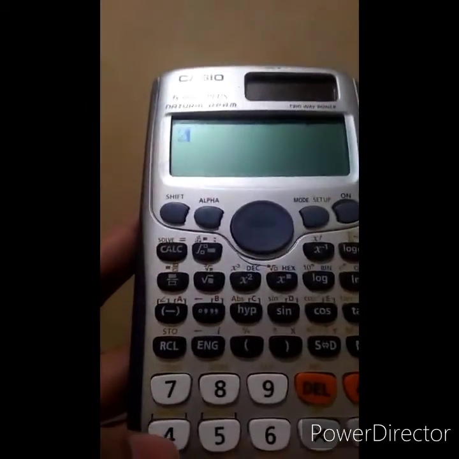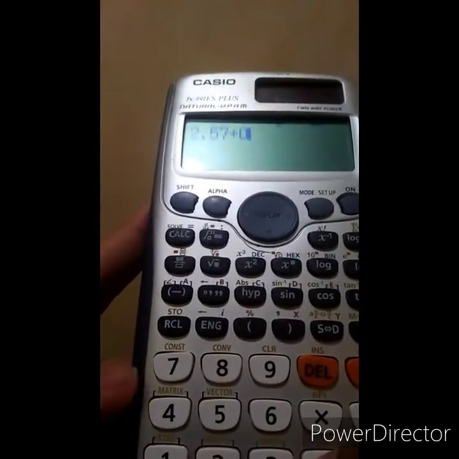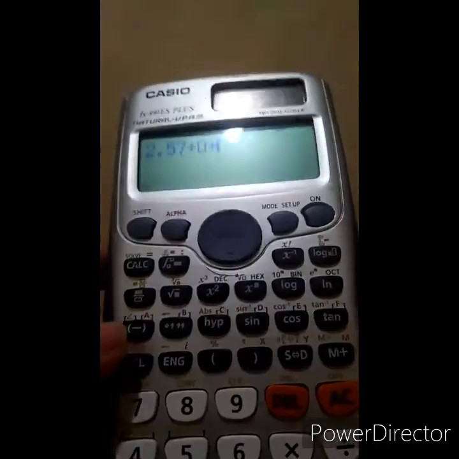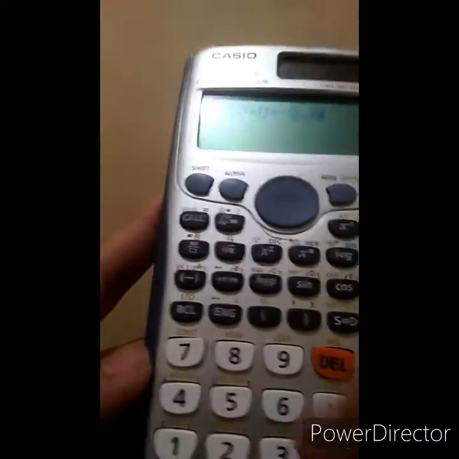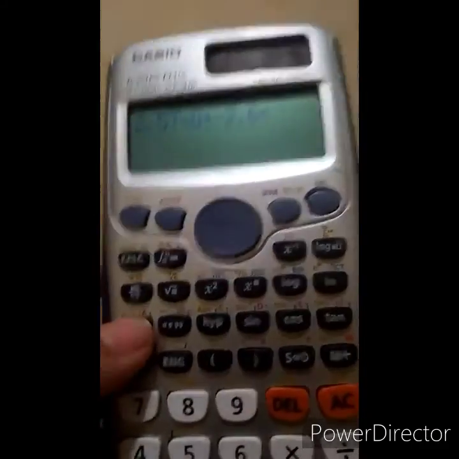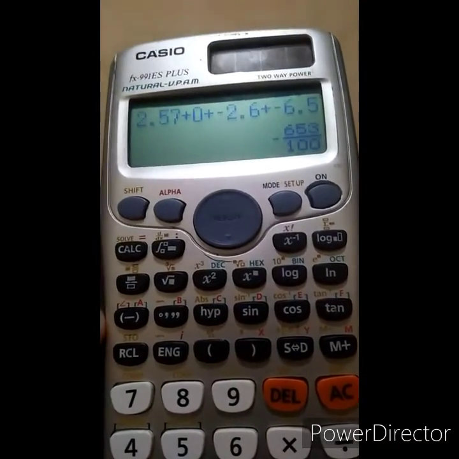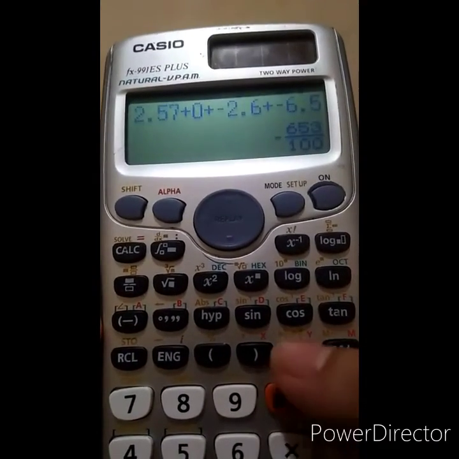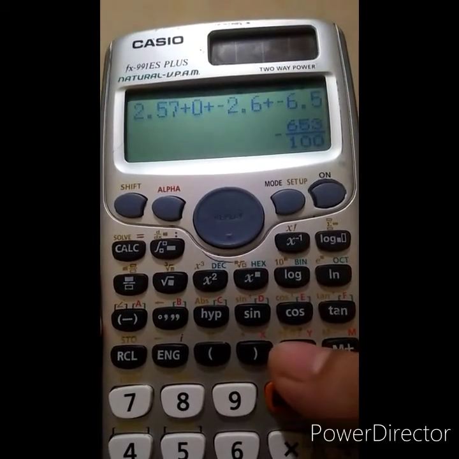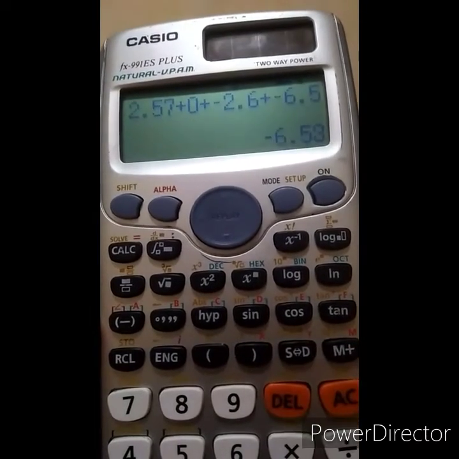Just add them up. 2.57 plus 0 plus negative 2.6 plus negative 6.5 is equal to, just press this button in order to express it in decimal numbers.